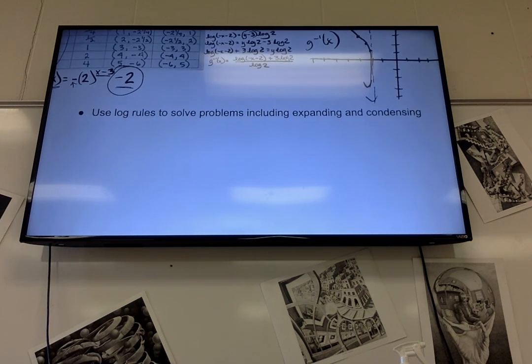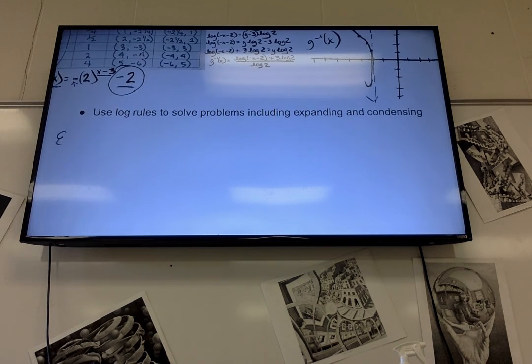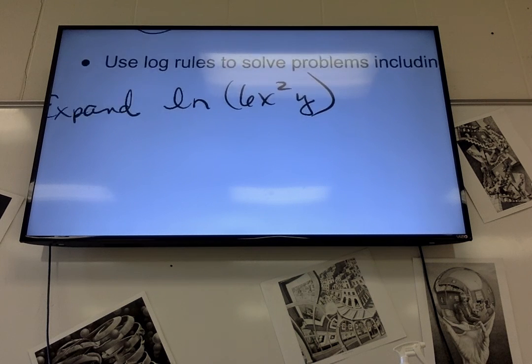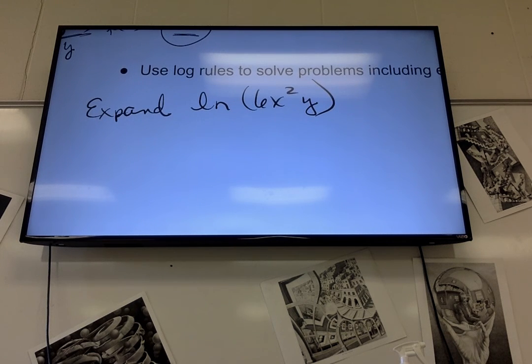So, for example, here's an example of a problem that might be asked to expand. First off, these are all multiplied together. So that means I can change it to where I'm adding them all.